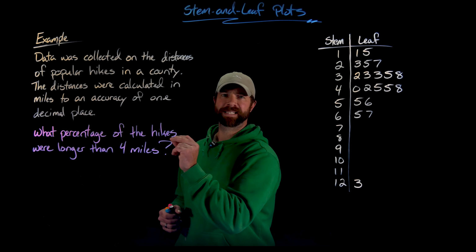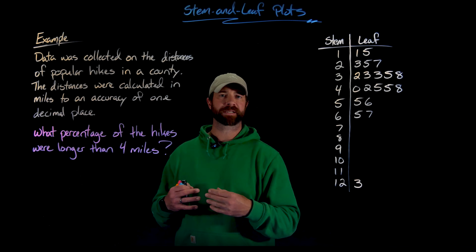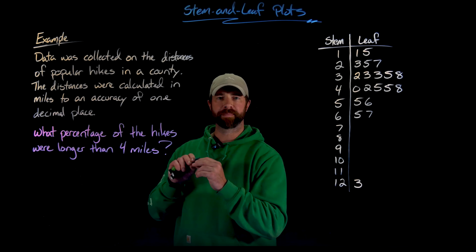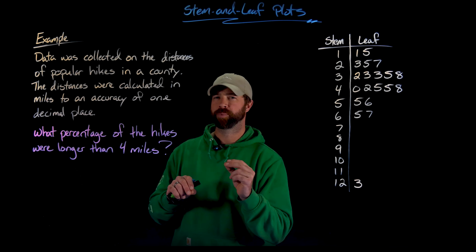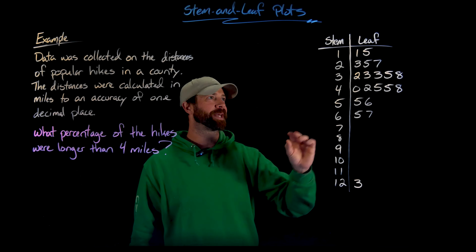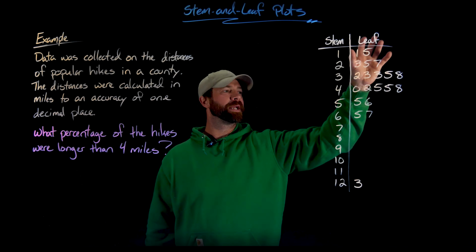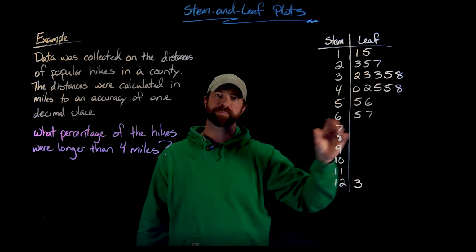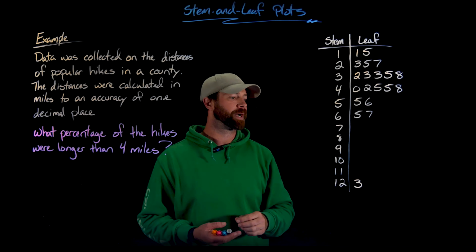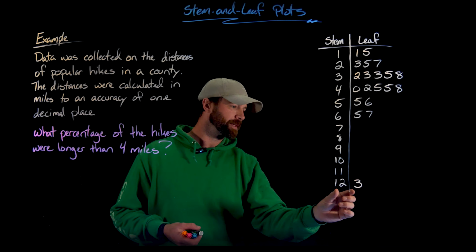What we're given is the fact that each of these distances for these hikes is calculated in miles, but with 1 decimal point. What that would mean is the leaf component here, these are in the tenths place, or the first decimal spot. For instance, let's look at this one down here.